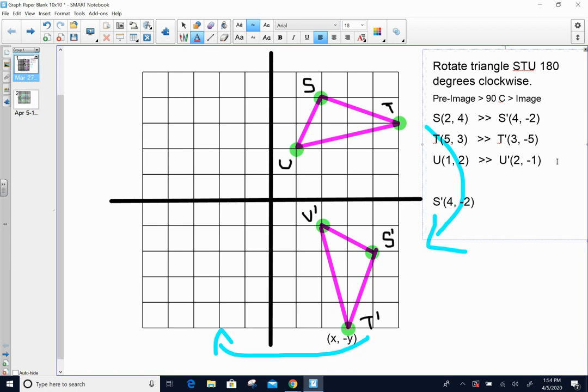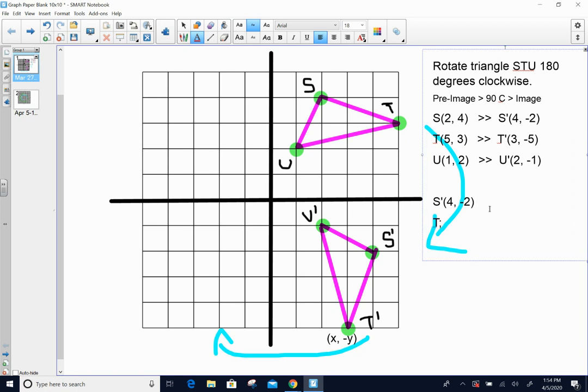And you do want to do the prime points here, you do want to do your image, because we've already rotated the first set, so we need to rotate my image.